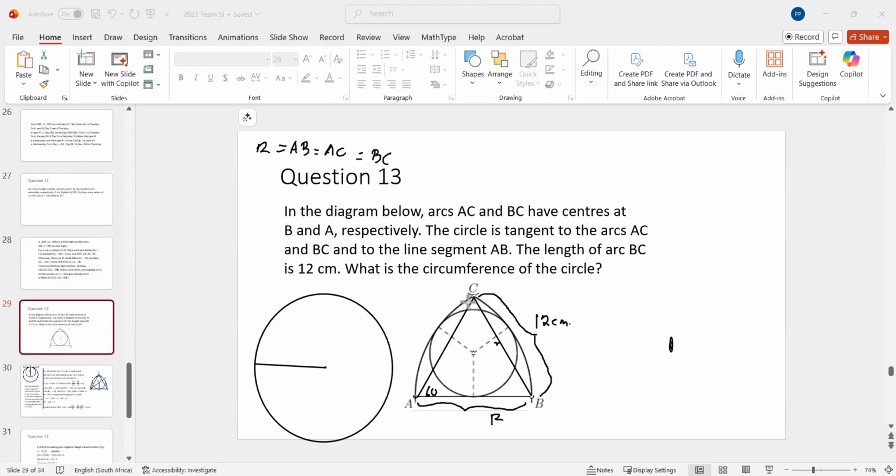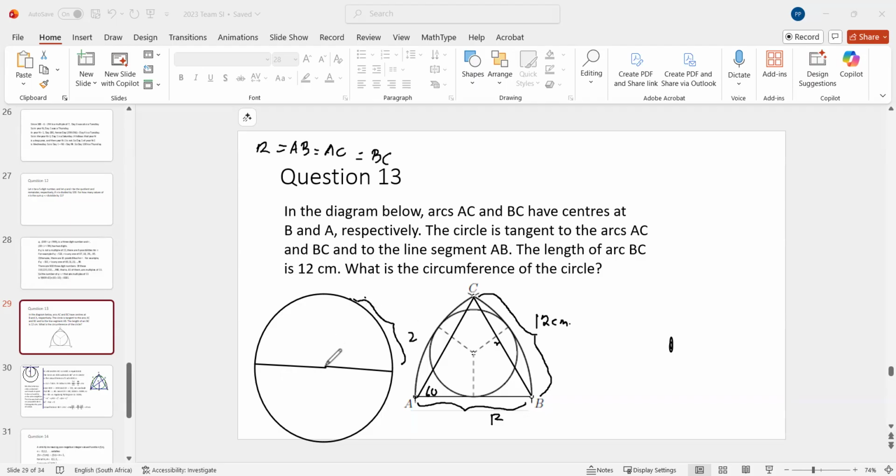And the BC, oh, wait a minute. We're looking at BC. Let's just draw it from this side. So the arc BC, from here to here, this arc here is length 12.